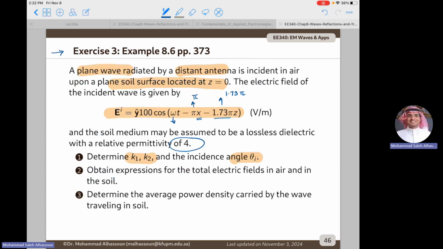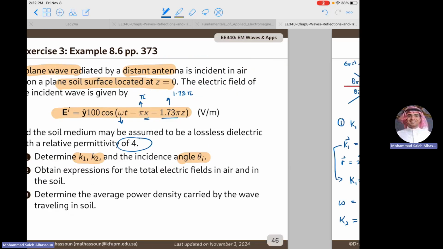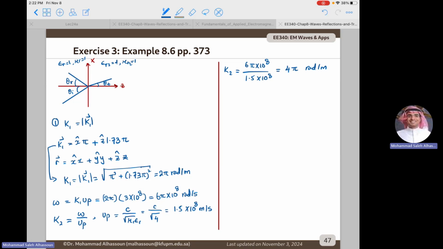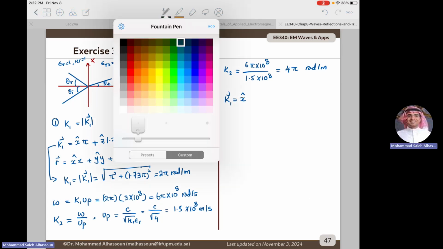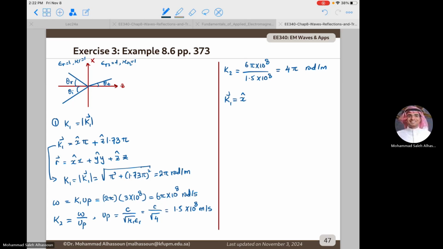The last thing that we need to compute is theta I. To compute theta I, let's look at the wave vector in medium 1 here. Let me use a different color. This is the wave vector, this is the angle of incidence, and this is the normal.